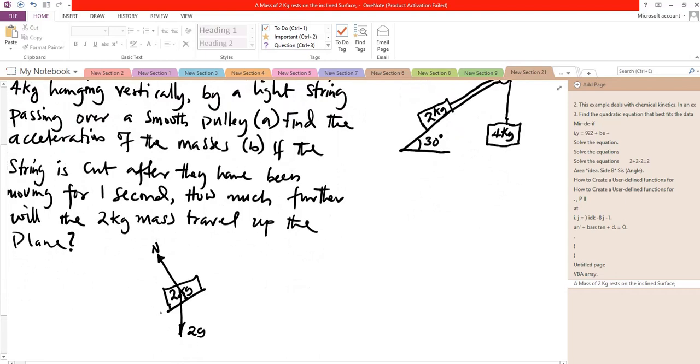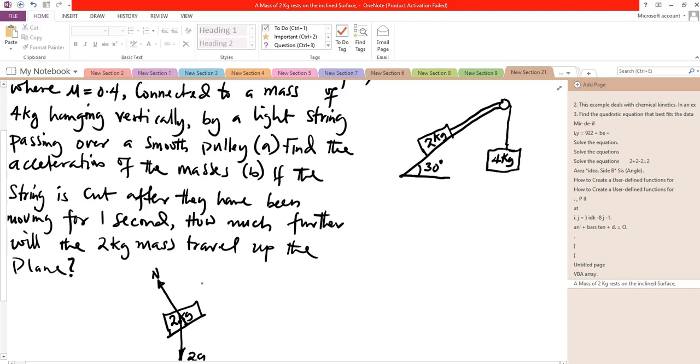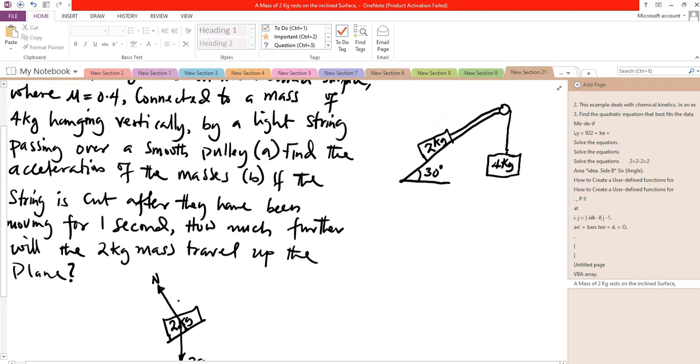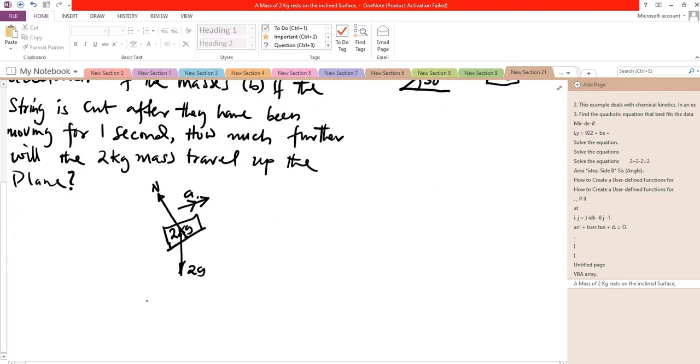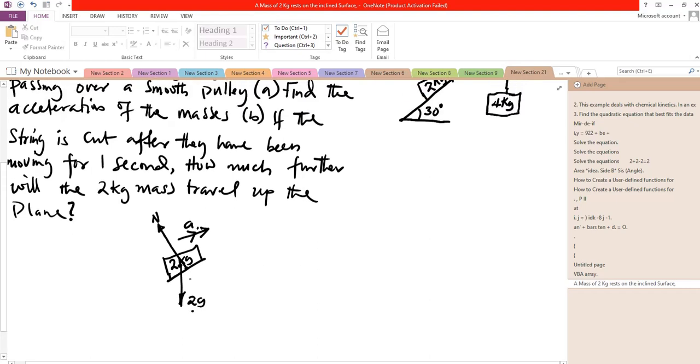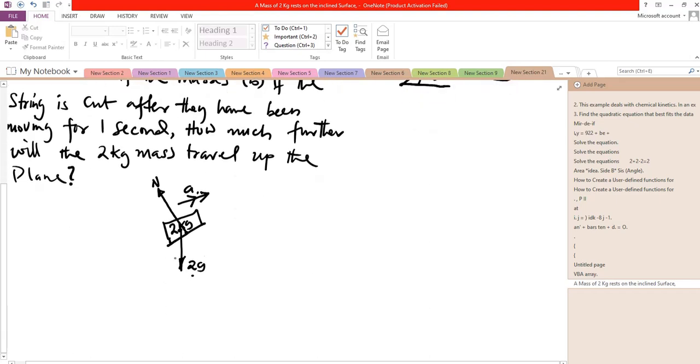Now the thing is accelerating up, so the acceleration is this, which is A. Now resolving this, resolving the weight of the 2 kg along and perpendicular to the plane.